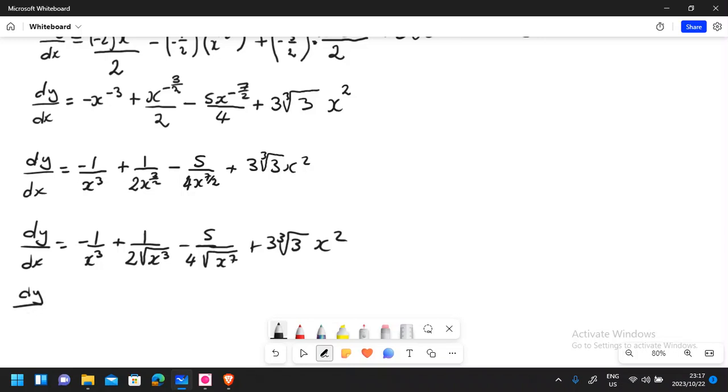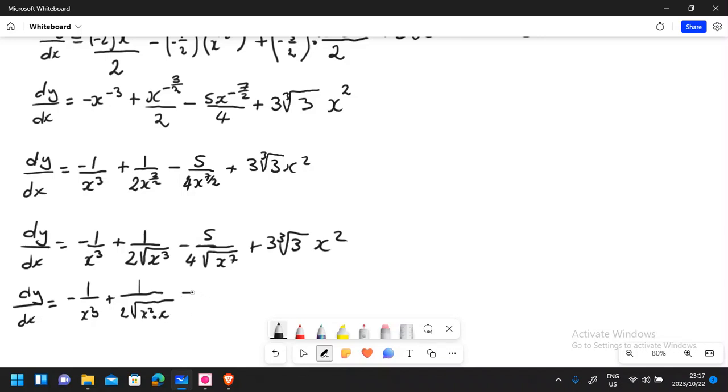You can say y dy over dx. Alright, this one you write it like that, and that one is going to be x to the power of 3, and then you say plus. Now this here guys, you can say 2, then inside there root you can say x squared multiplied by x, right?